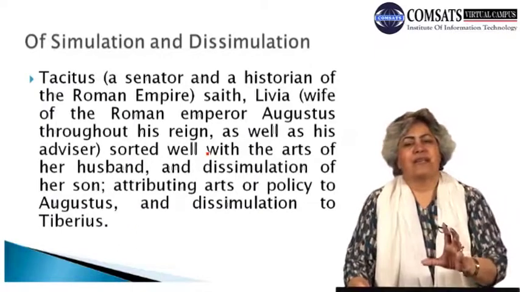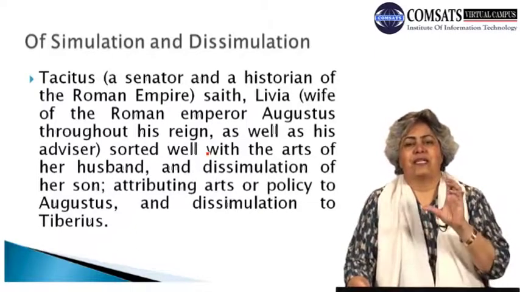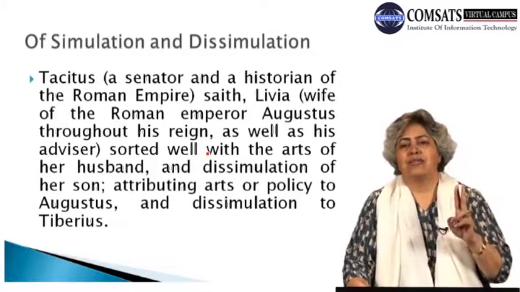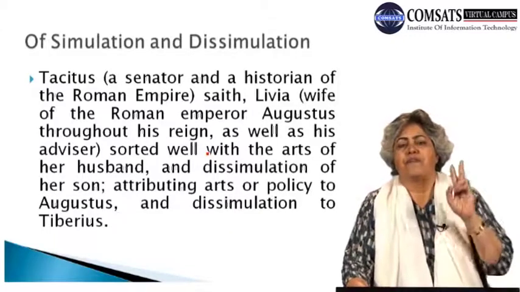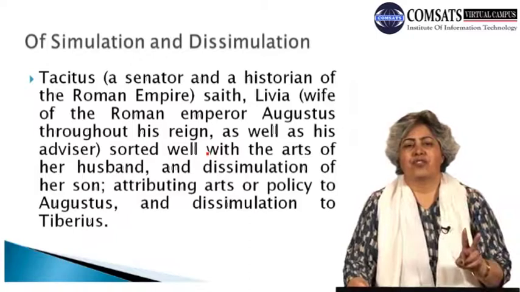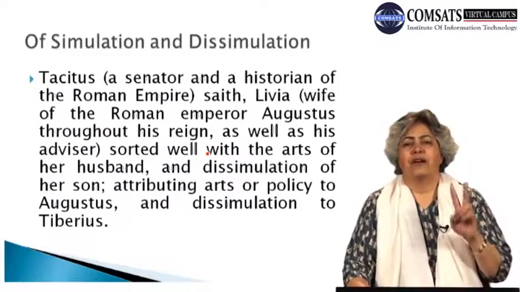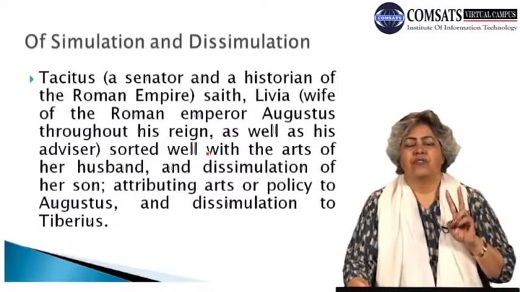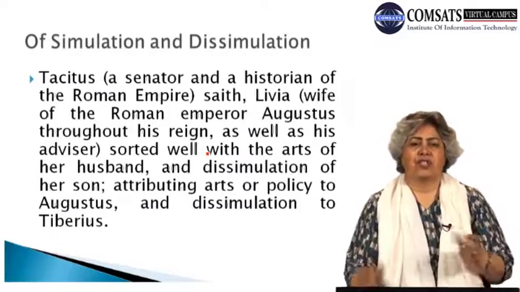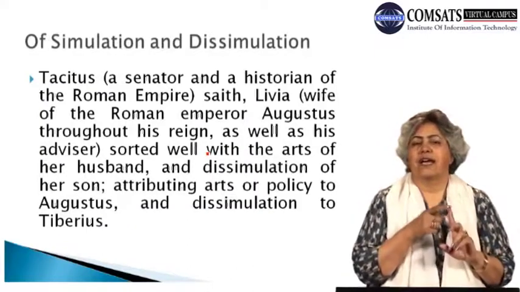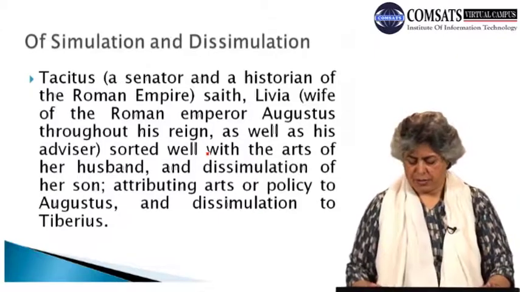So at the very beginning, Bacon is quoting two examples of men from Roman history who are renowned for their dissimulation: Augustus Caesar and his son Tiberius Caesar.